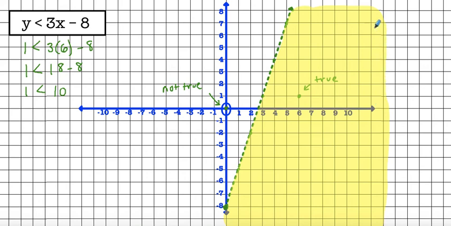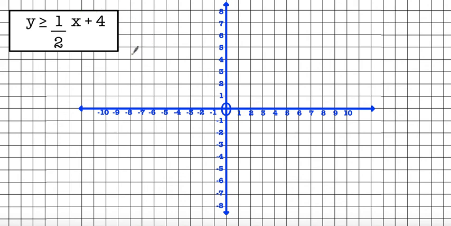So again, remember any coordinate that we could pick here would make this statement true. And so let's move on to our next example.